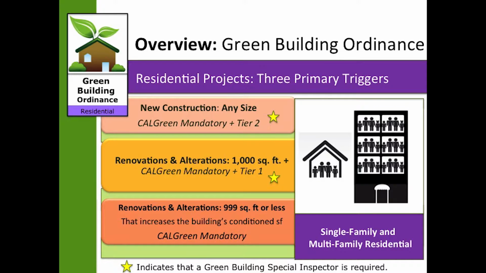This trigger requires projects to meet CalGreen mandatory plus Tier 1 requirements. The third trigger is renovations and alterations 999 square feet or less. In this case, it is required that the building conditioned square footage is increased. The requirements for this trigger is CalGreen mandatory.